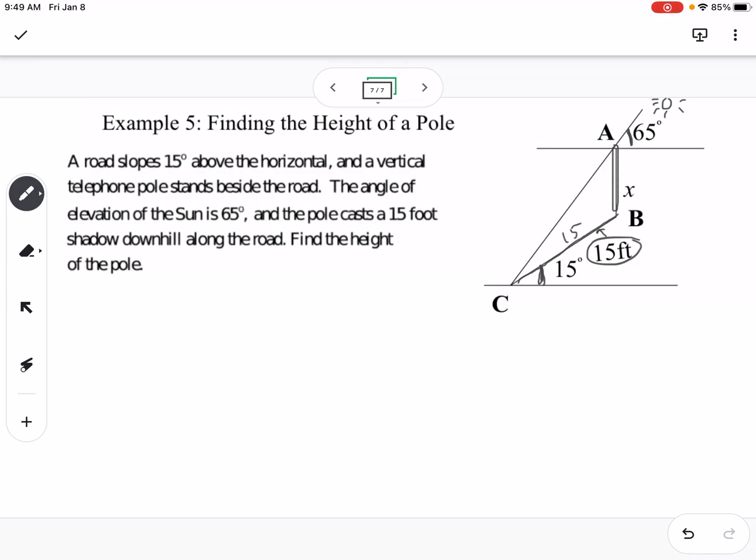Okay, so we can fill in some more of these angles. So we know from back in geometry that these are vertical angles. So this right here is 65 degrees. So that means that this angle right in here would be 90 minus 65, which would be 25.